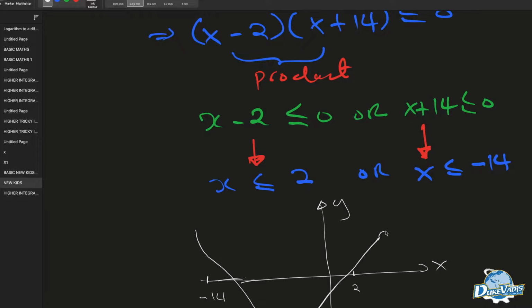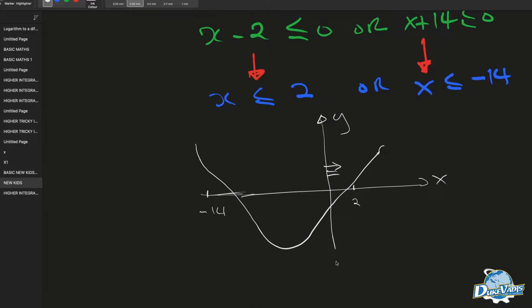So the values: it says that when x is less than 2, all those values fall within here. And when x is less than -14, we have to share it too.